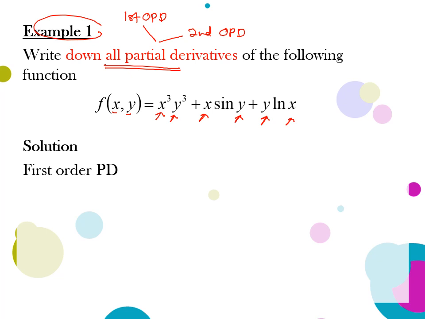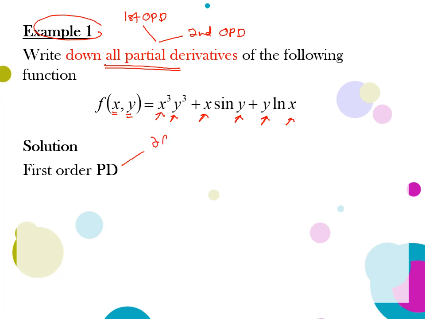Right. So we need to find the first order partial derivatives. Since there are two variables here, we will have two first order partial derivatives.